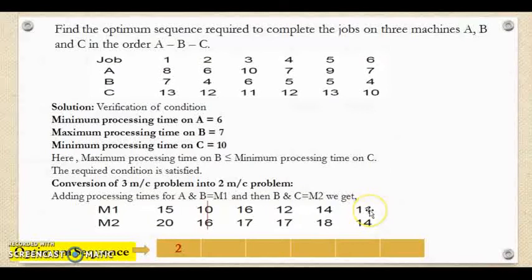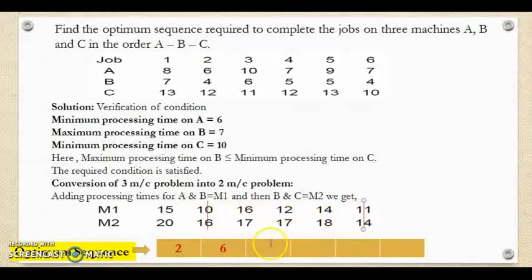Therefore, it must be sequenced first in the sequence. So job number 6 in the sequence must be processed first, and I will eliminate these times from further considerations by drawing a line. By drawing a line, I eliminated these times now.